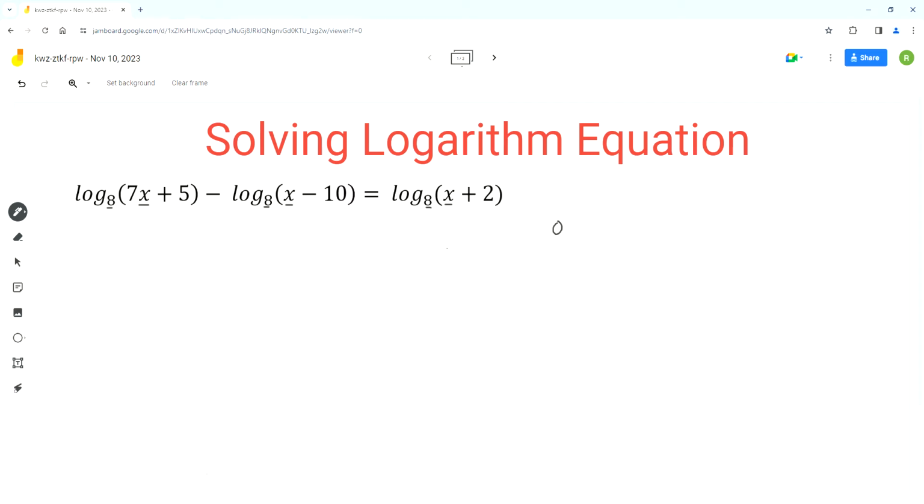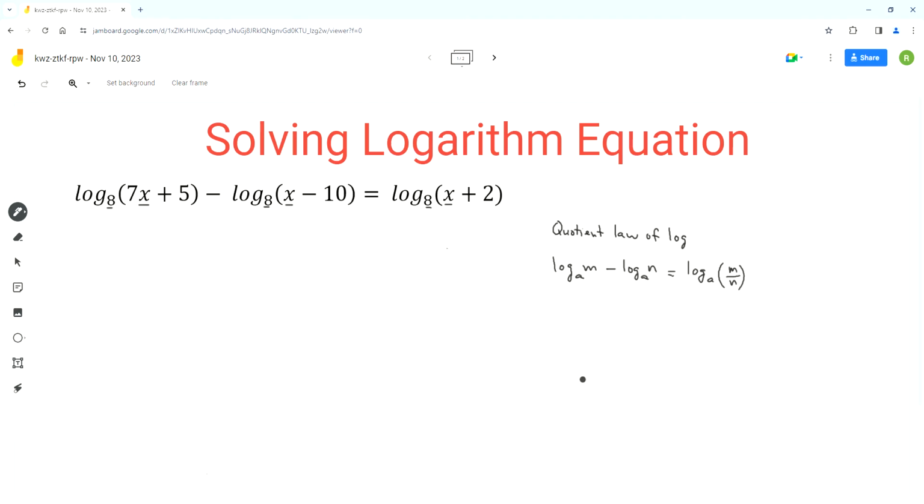Quotient law of log. As per this law, if I have log of m to the base a minus log of n to the base a, we can combine these two log terms into a single log term with the same base, and we can divide m by n.